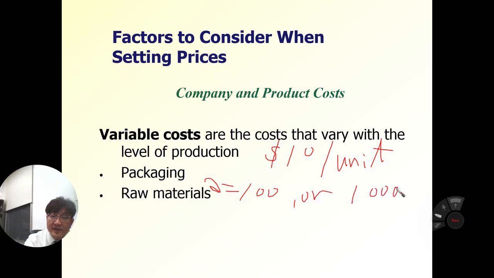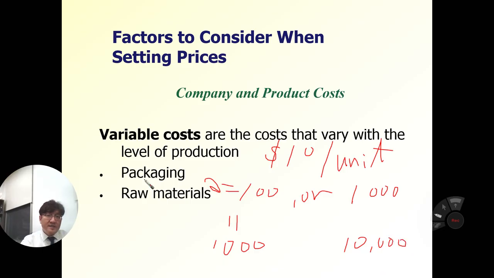No matter how many units you make, the variable cost per unit is going to be the same. However, what is the total variable cost then? To calculate the total variable cost, you need to multiply, since it is $10 per unit. If you want to make 100 units, the total is going to be $1,000, right? And if you want to make 1,000 units, you multiply, then it's going to be $10,000.